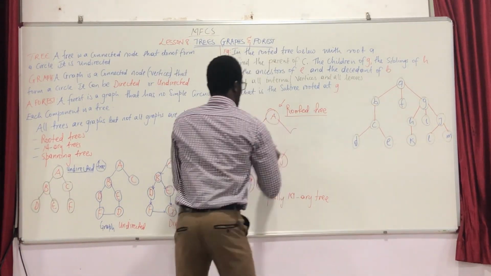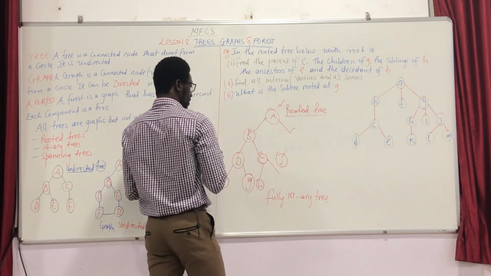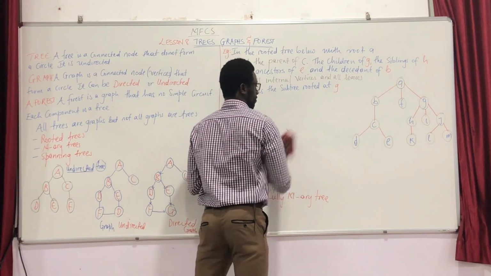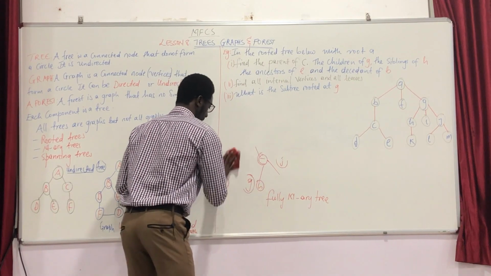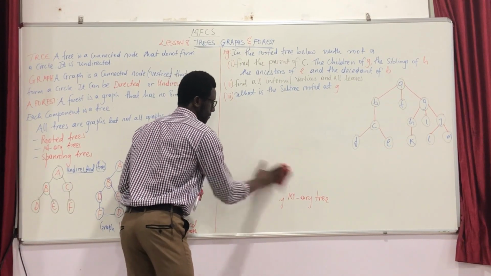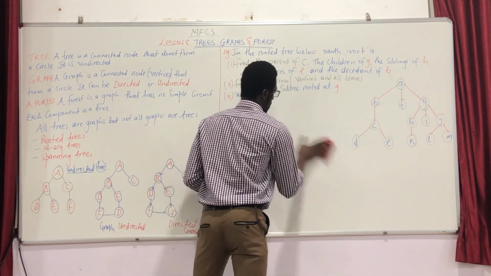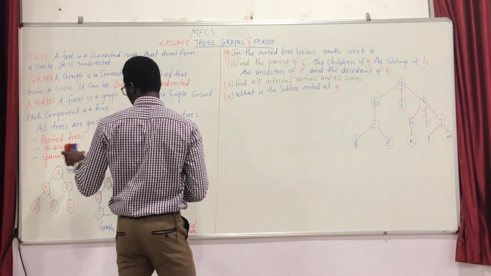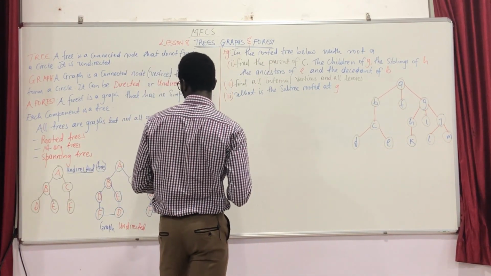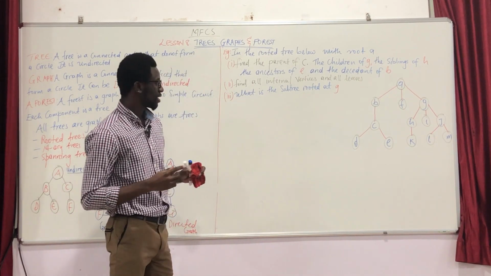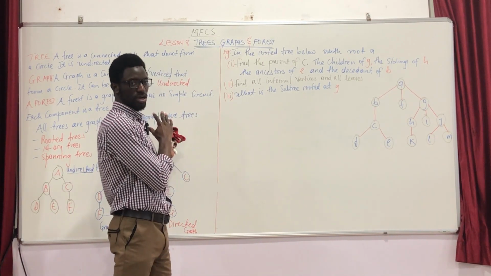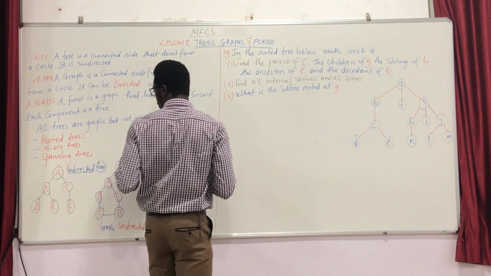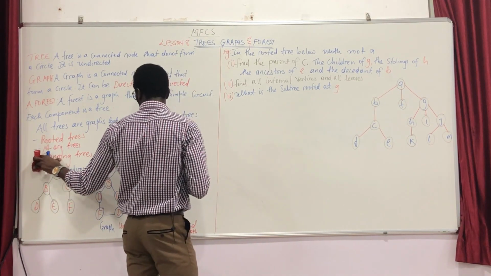Okay, let's see the spanning tree. Mind you, we are going to solve a problem that has to do with this spanning tree, but let's just see. For a spanning tree, as I said in the introduction, you can reach any node.